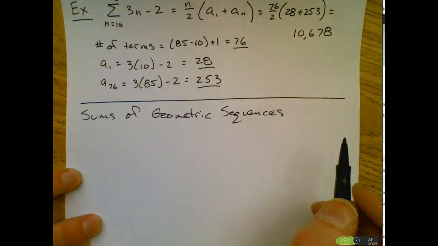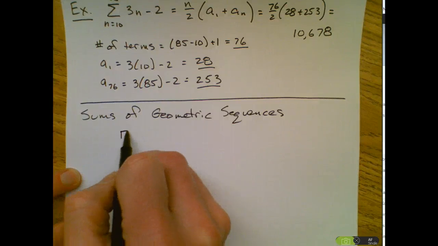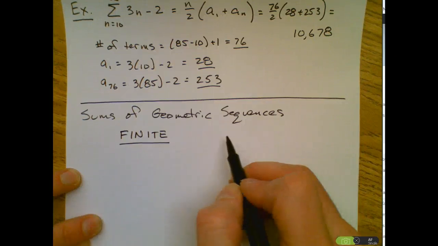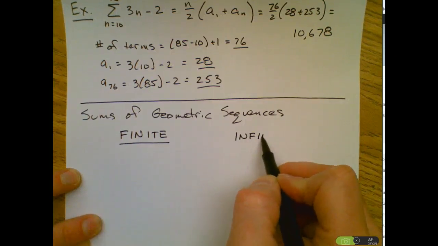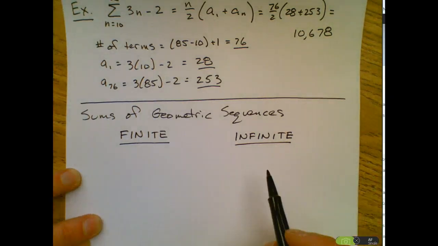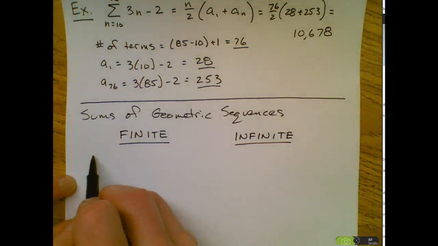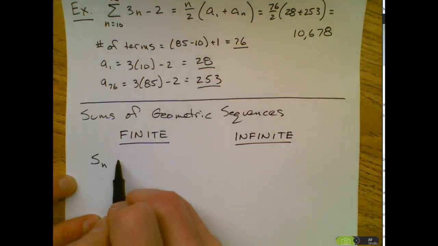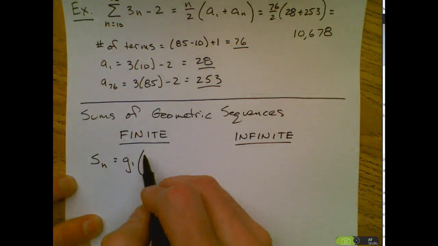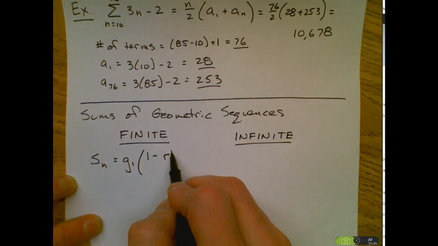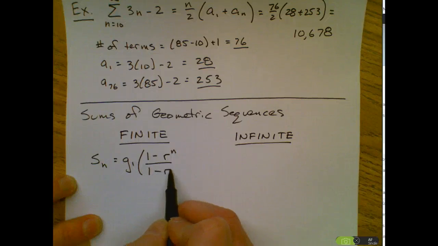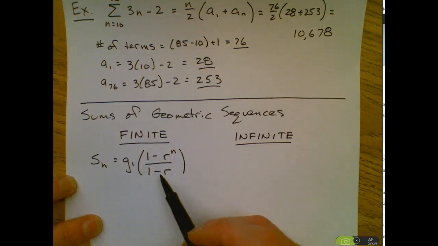For a geometric sequence, we can have a finite sum, or we could have an infinite sum. Formulas are a little bit different. So for a finite sum, the sum of your n terms is going to be g sub 1, so that's our first term, times the quantity 1 minus r raised to the n, remember r is our common ratio, over 1 minus r. So this is if it's finite.